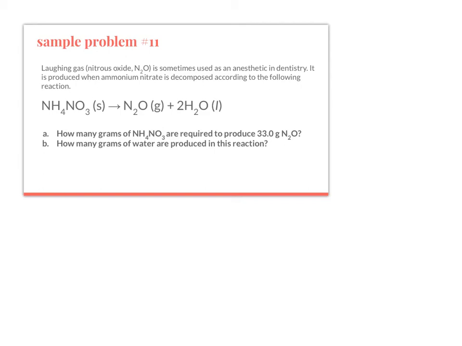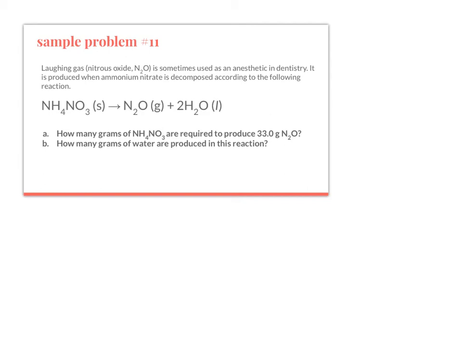Part A says, how many grams of NH4NO3 are required to produce 33 grams of N2O? So real life use of this, maybe, I am completely guessing, but they might need 33 grams of nitrous oxide to last through one dentistry procedure.